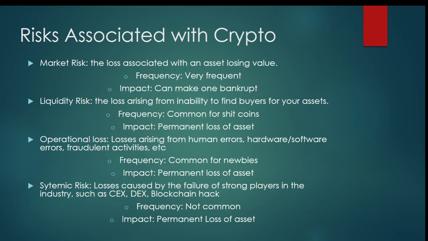It could be a common cause of loss because of, for example, human error. Someone who is trying to send 100 BEP20 USDT to an address may end up sending it to TRC20.